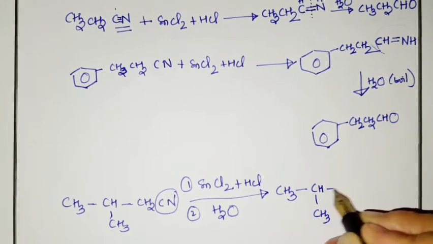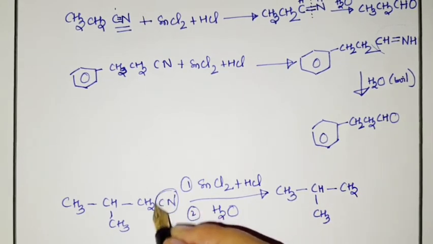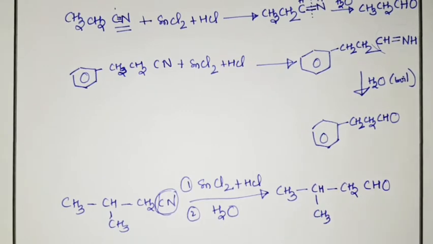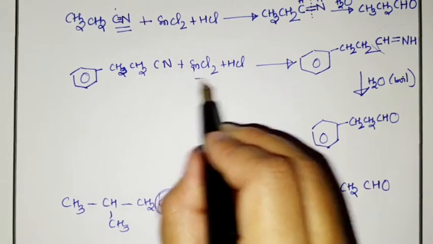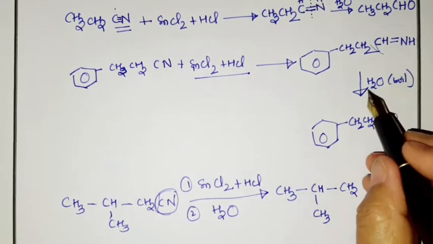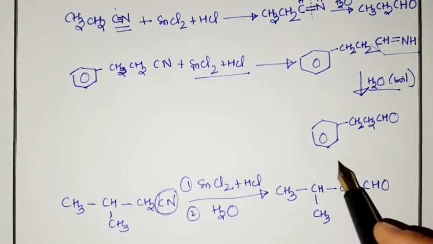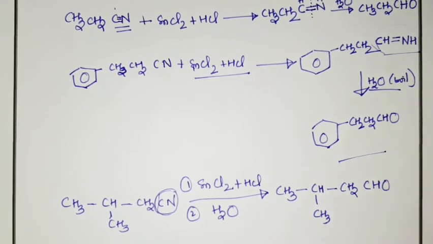So we'll get directly CH2 here, and the C will get converted to CHO. Okay, this is your Stephen reaction. So in the Stephen reaction the reagent is stannous chloride, hydrochloric acid followed by hydrolysis. Right? So we get imine and at the end aldehyde as a product.